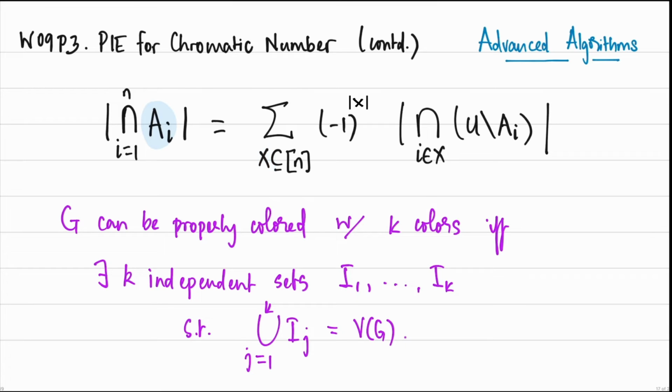So that's all that we need to do, and we need to keep track of this running sum over all the 2 to the n subsets, and if that sum turns out to be non-zero, then we can report that we can indeed color G using k colors.